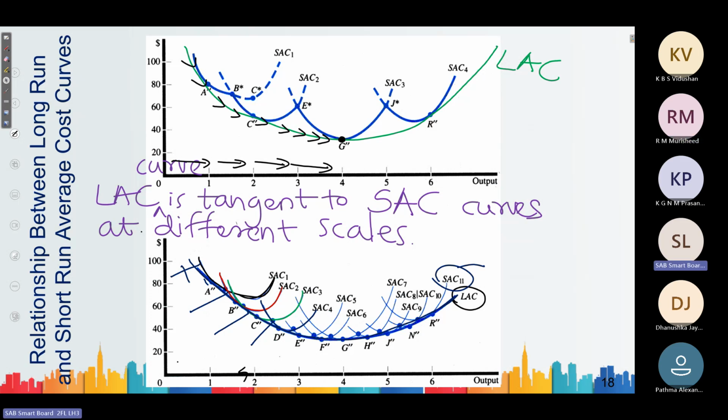This point is called the optimum or optimal scale. Optimal scale is the scale at which the long run average cost is the minimum.